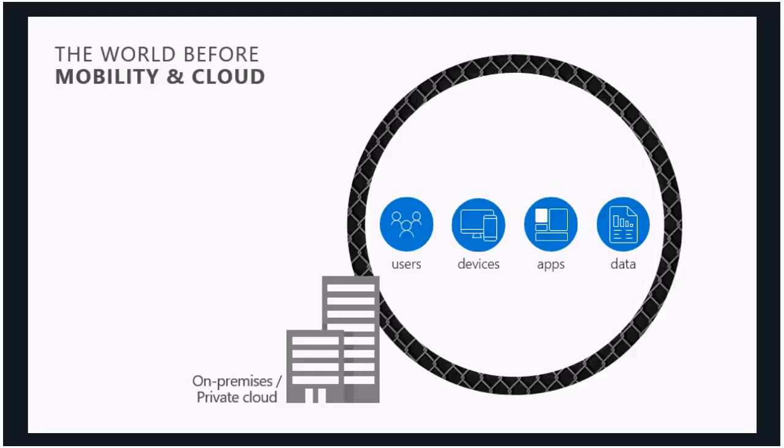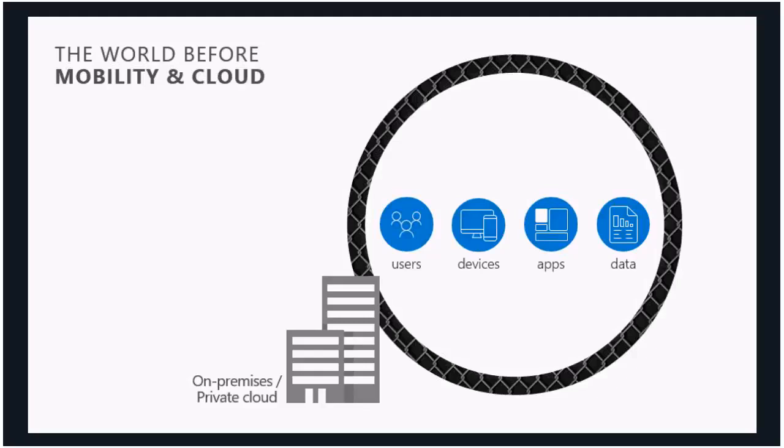Users typically accessed that data from the customer's premises, so from a corporate network or perhaps through VPN. The apps that the user had access to were completely approved and sanctioned by the organization. So that's the before.